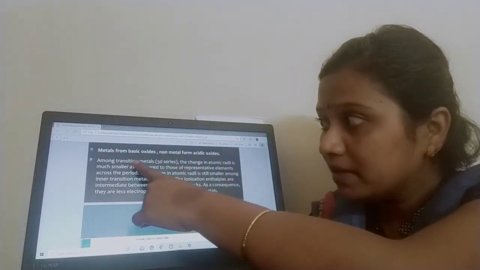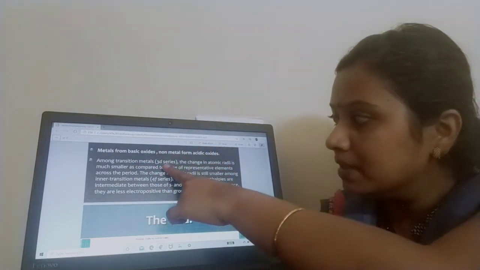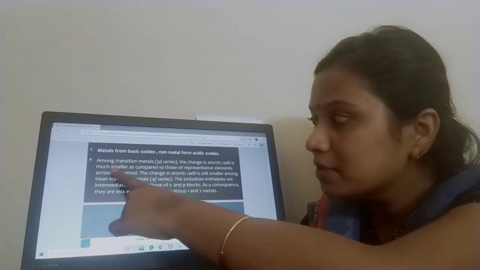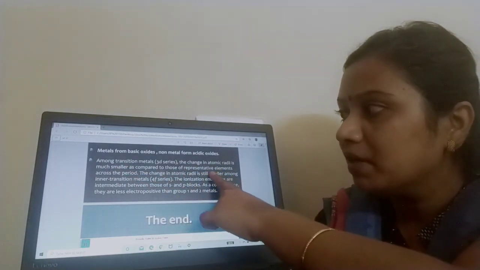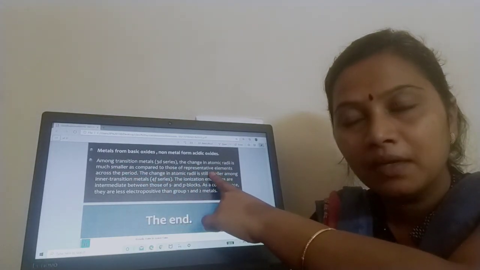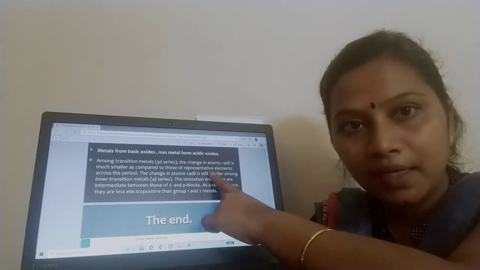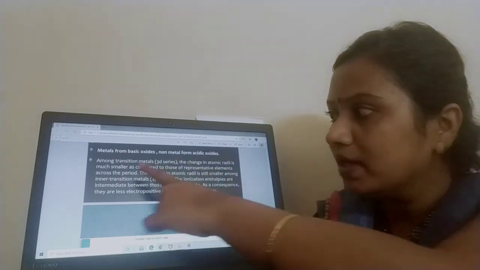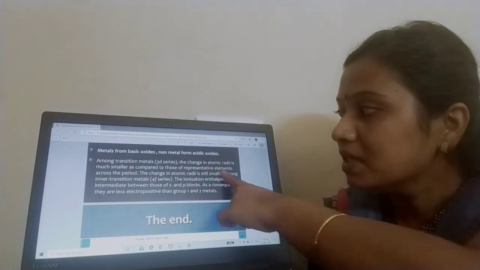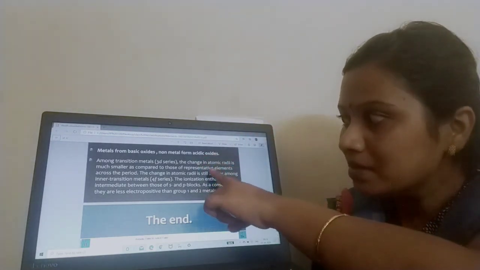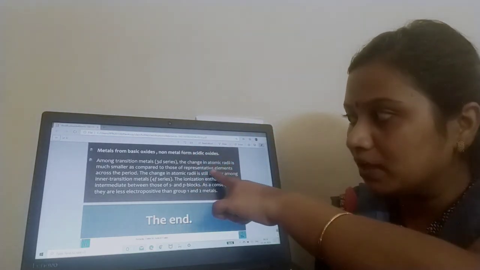When you look into the transition elements, that is 3d group elements, the change in atomic radii is smaller than the representative elements. What are representative elements? Elements of groups 13 to 18 along with s block elements are collectively called representative elements. In representative elements, the change in atomic radius is larger compared to the 3d elements.